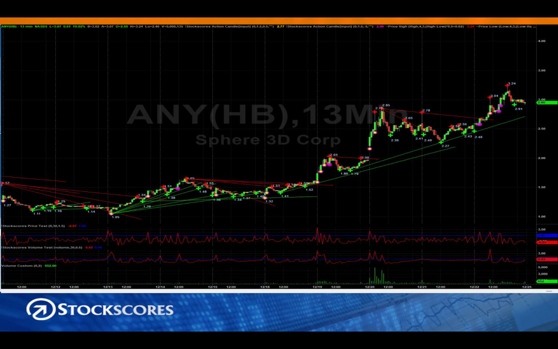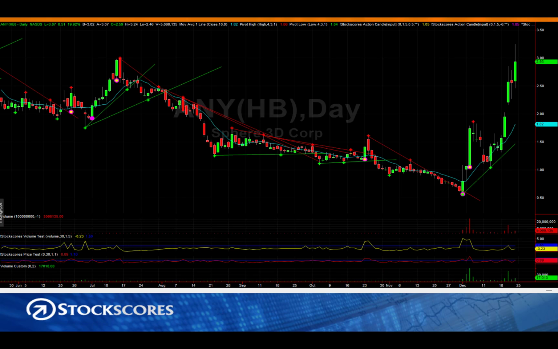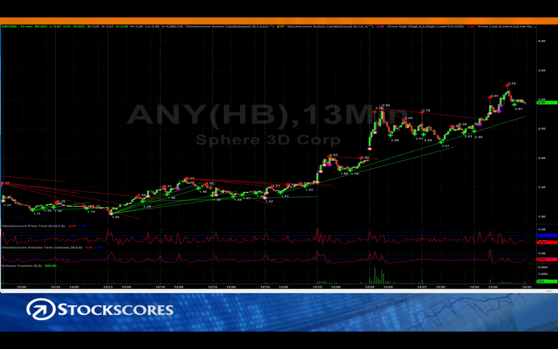So no matter how much the stock has gone up, because if we look at this stock on the daily time frame, you can see that it's gone up a lot. It started at 50 cents down here, and 2 or 3 weeks later it's at $3. It's gone up a lot. So it's a lot of volatility on the daily time frame. However, along the way, it builds little floors.